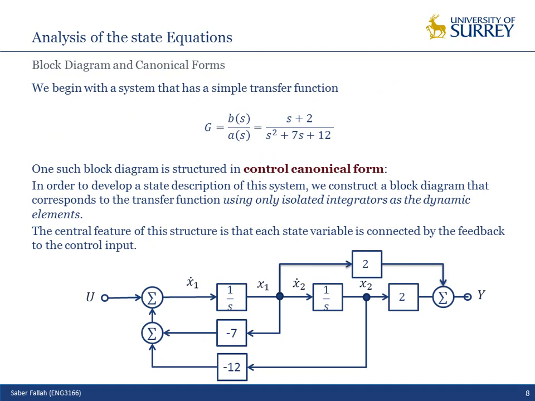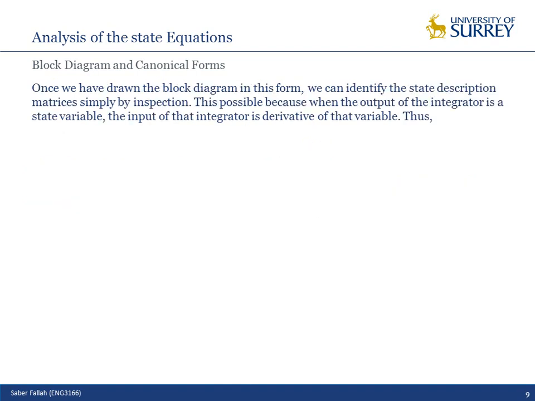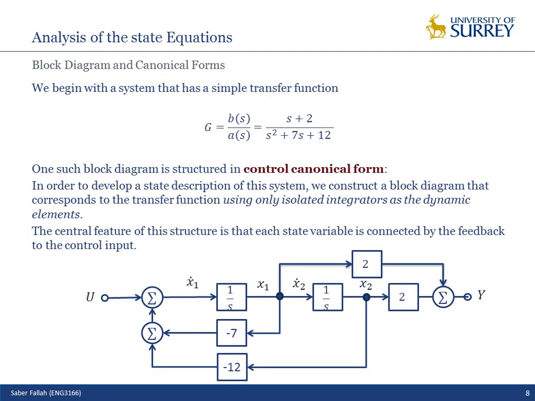x dot 1 is my first state and x dot 2 is the second state. If I look at this relation, x dot 1 is minus 7x1 minus 12x2 plus u. Isn't it?